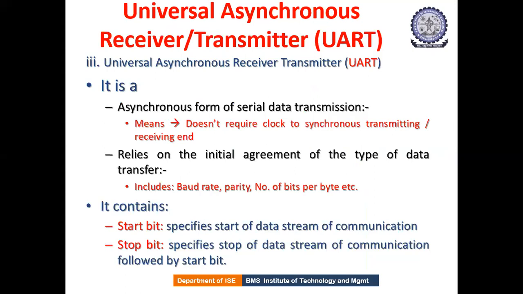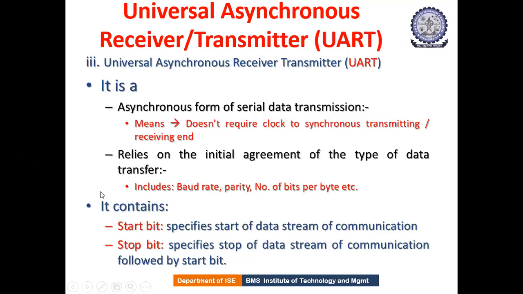If it is not depending upon the clock, there should be an agreement on the number of bits I am going to transmit and the baud rate, that means the communication speed between the transmitter and the receiver, before we transmit the data.